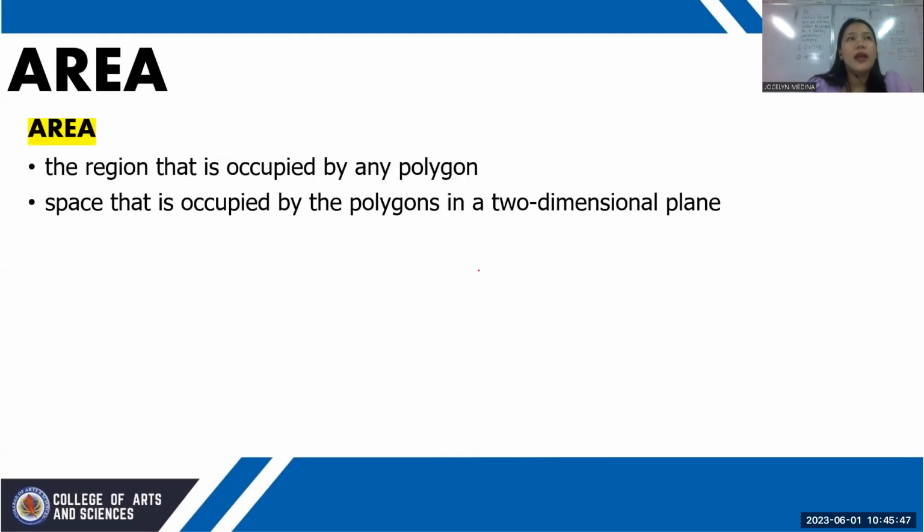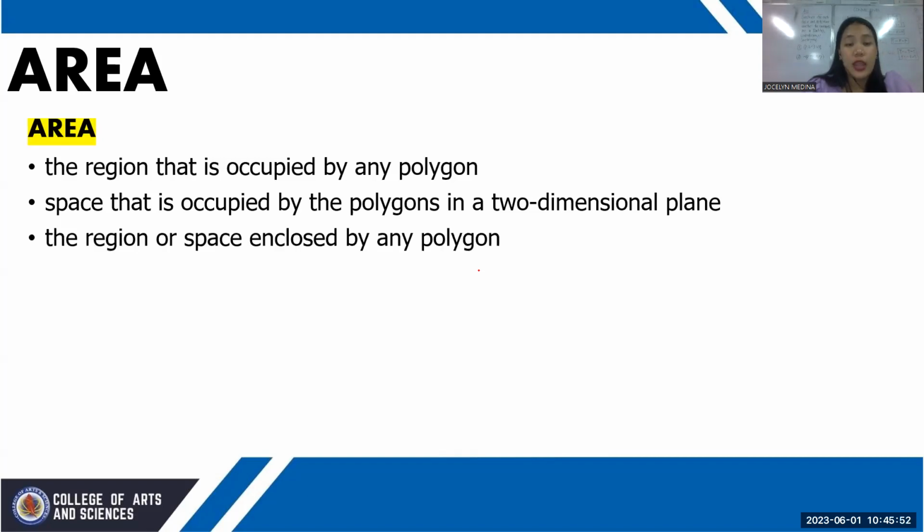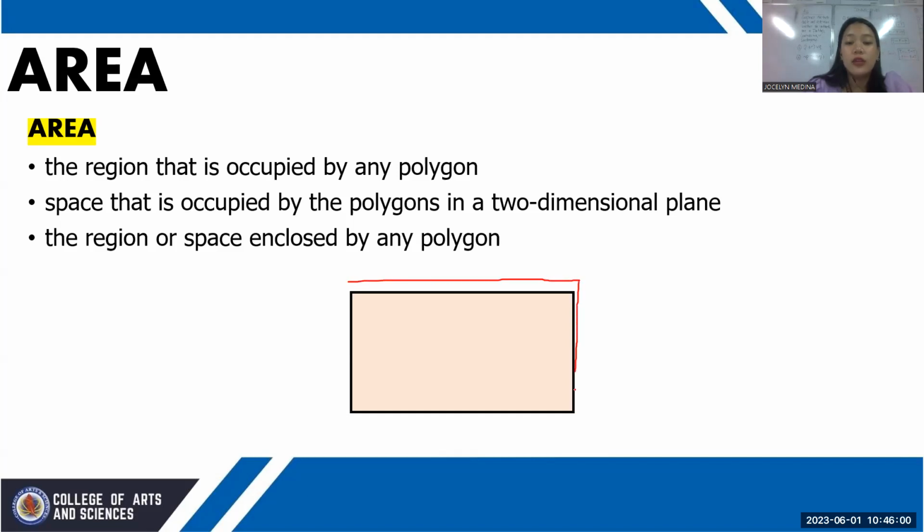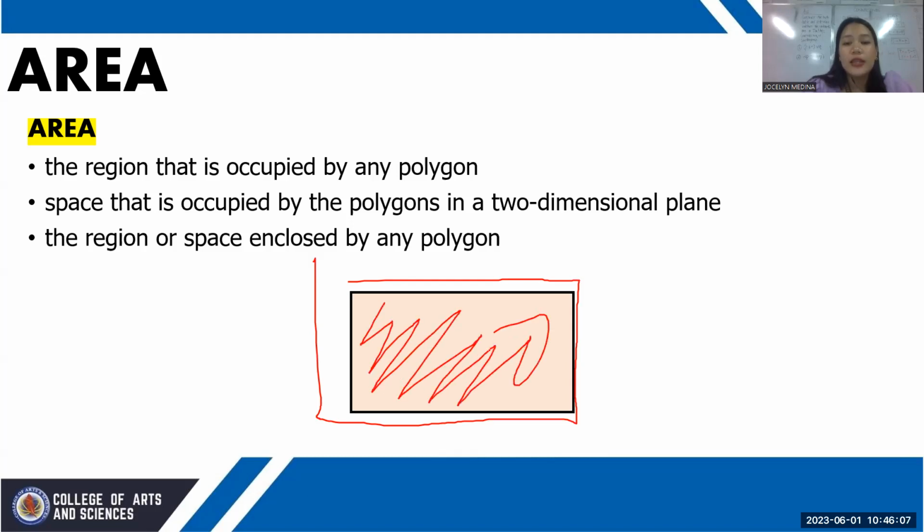Ngayon naman, what do you think is the difference of your perimeter from that of area? Kanina, when we say perimeter, it's just the distance around. Pero pag area, it's the space occupied inside your polygon.